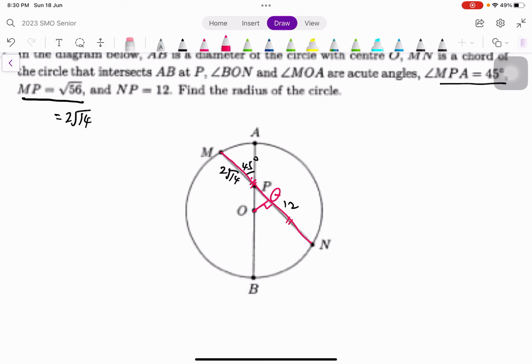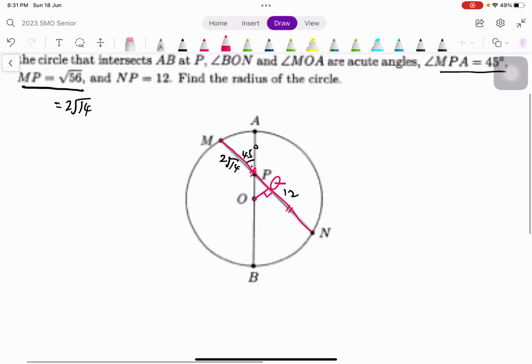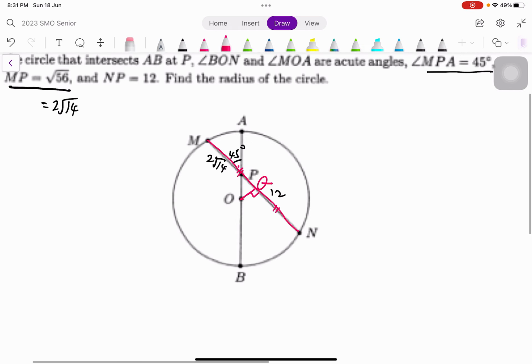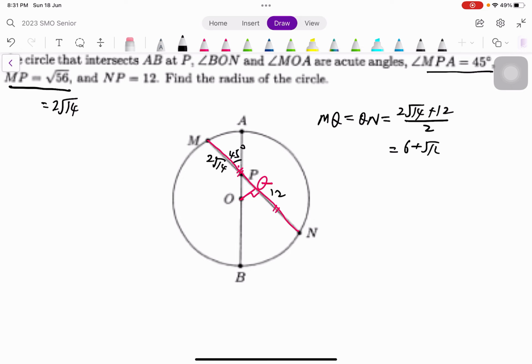Can I call this point here Q? Therefore, what we are trying to say is that MQ is equal to QN, and it is equal to what? It is equal to 2 square root 14 plus 12 over 2. And that is actually 6 plus square root 14.